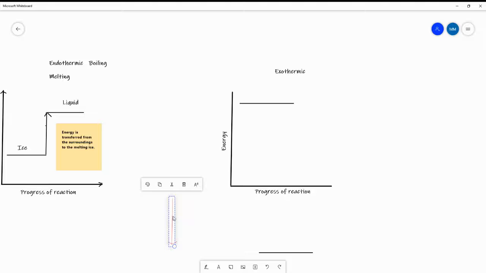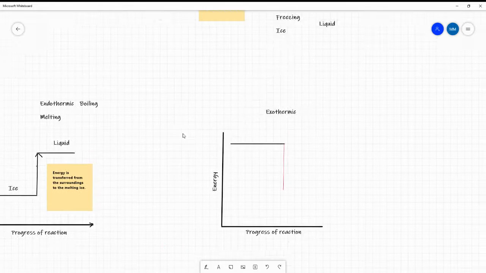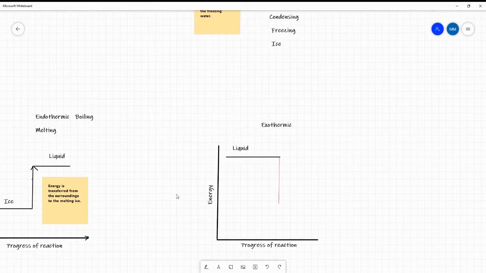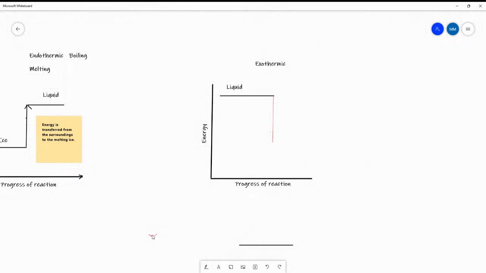Now the energy is going to be given out, so it's going to lose energy. So just to be clear, we've got our liquid, and it's going to give out energy to the surroundings.